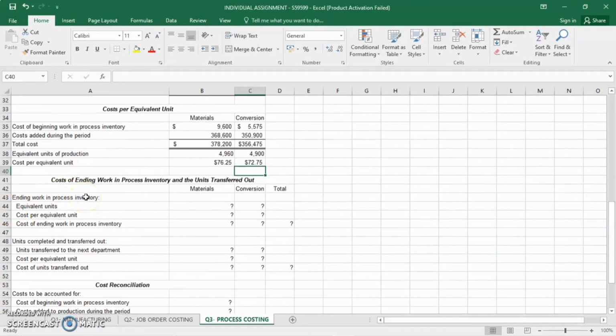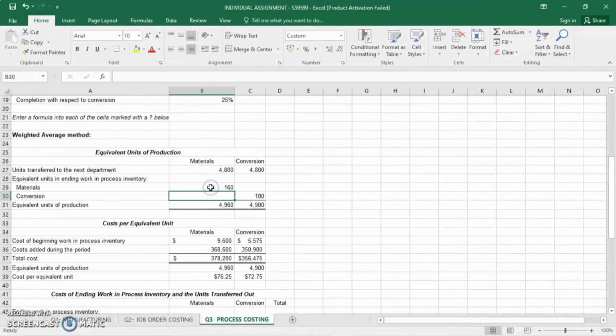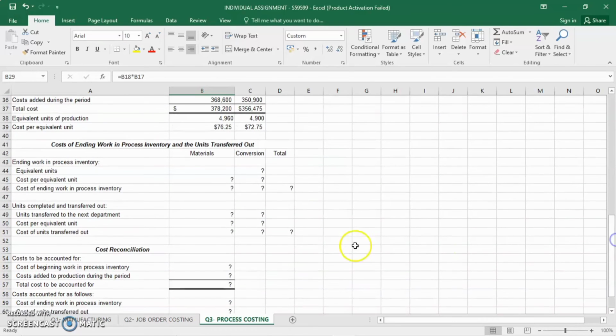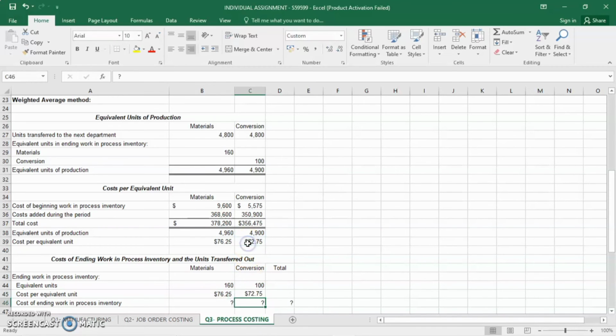Cost of ending work in process. Ending work in process equivalent units is this for material and for conversion 100. Cost per equivalent unit this and this.